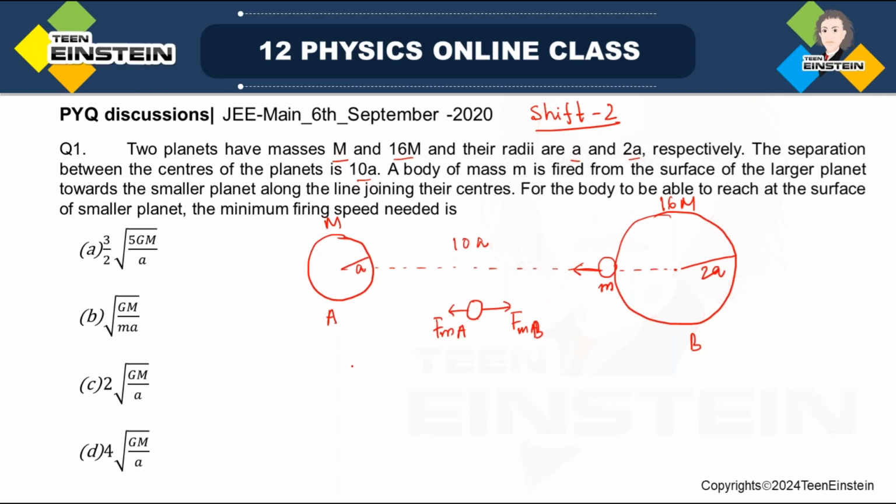But look, one thing we know, the gravitational force is Gm by r square. It varies as the inverse of the square of the distance.